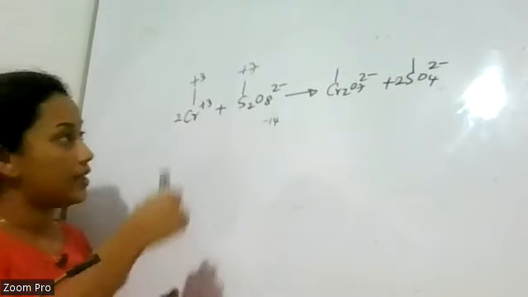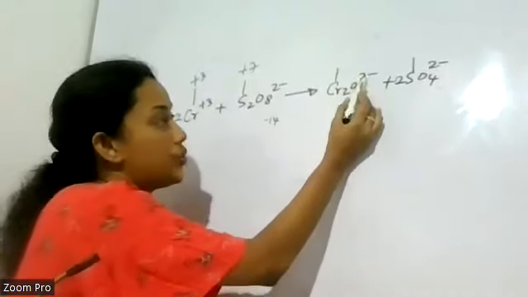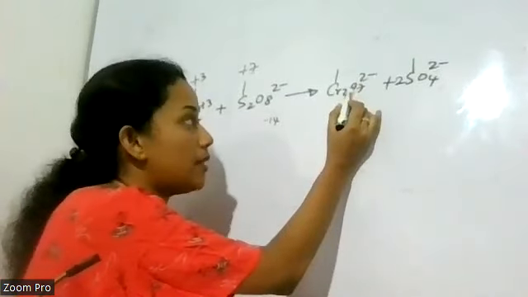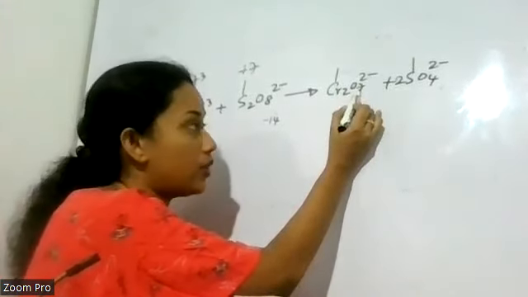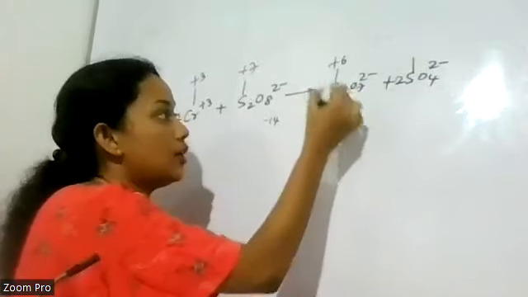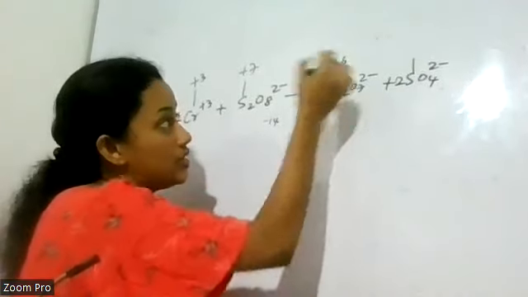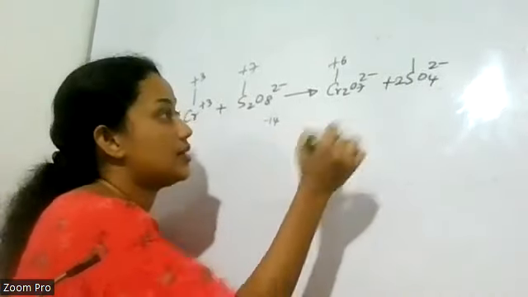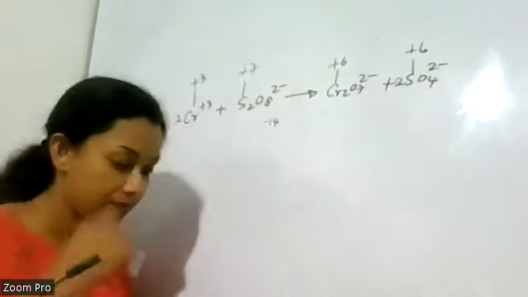Here all should take minus 2. Minus 2 into 7 is minus 14, that means minus 12, plus 12. Each should make plus 6 here.